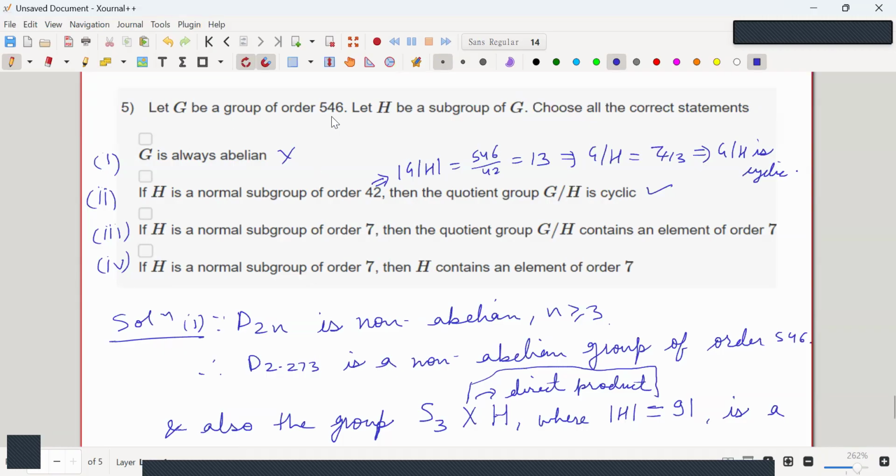G is a group of order 546. Inside G, there exists a normal subgroup of order 7. Then it says the quotient group G by S contains an element of order 7. So you need to give me G of order 546. You need to give me a normal subgroup inside it of order 7. And then we need to show that the quotient does not contain an element of order 7.